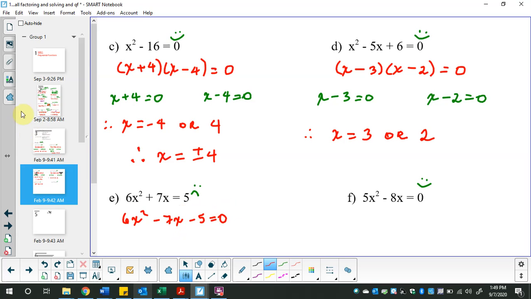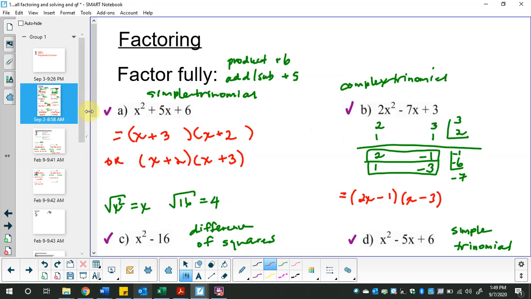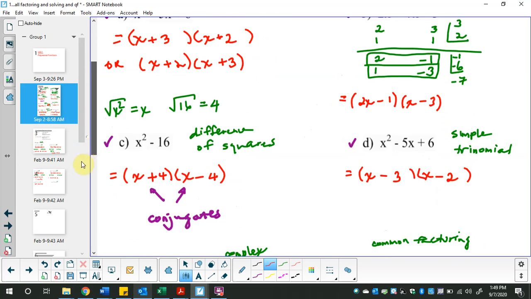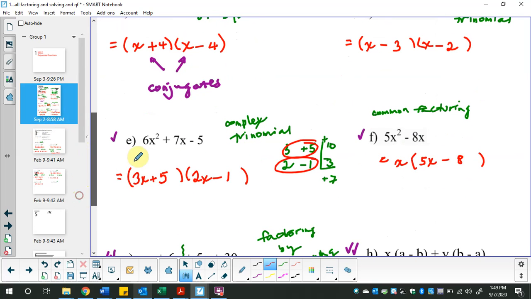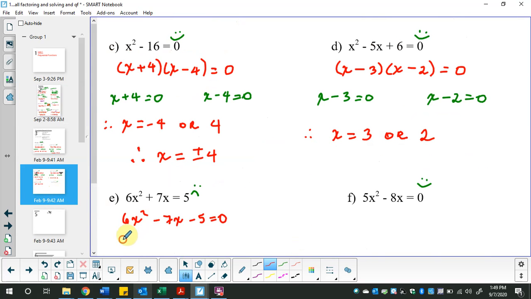And now, double check. Yep, I'm going to steal my answer. So 3x plus 5, 2x minus 1.